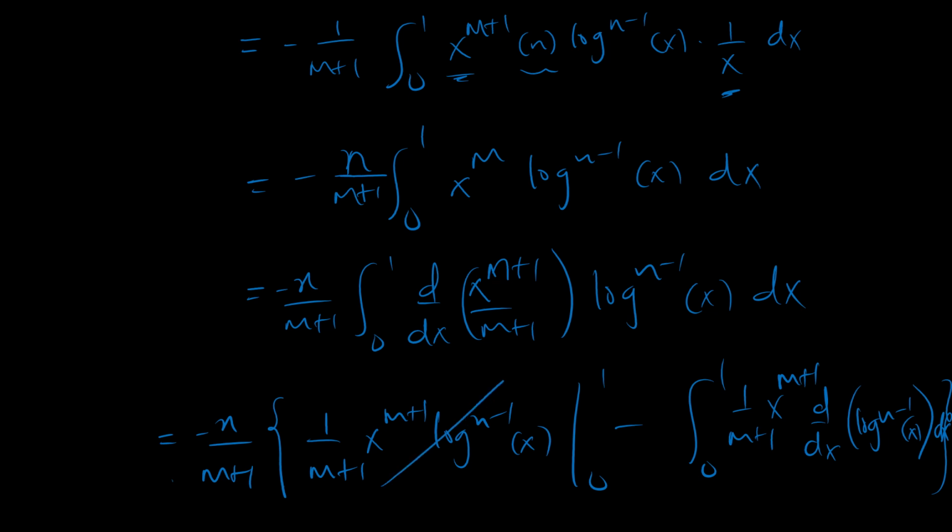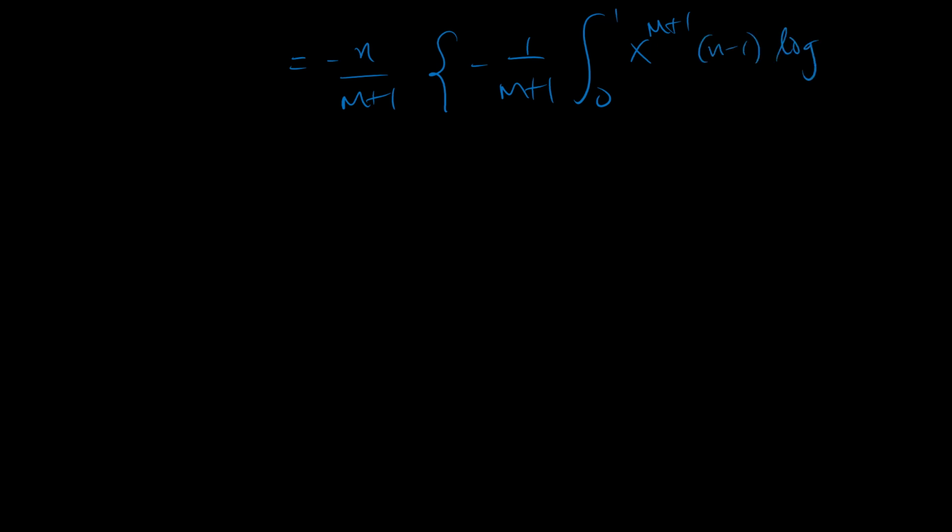You see that this would go to 0 in its entirety, so that now we do have minus 1 over m plus 1, 0 to 1, and then we have x to the m plus 1, we have n minus 1 log to the n minus 2 of x, 1 over x.